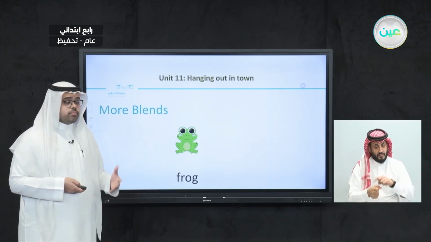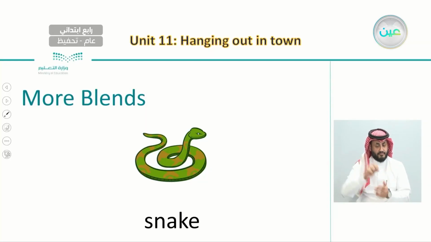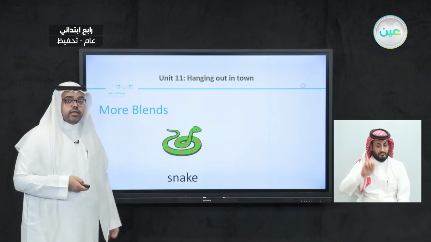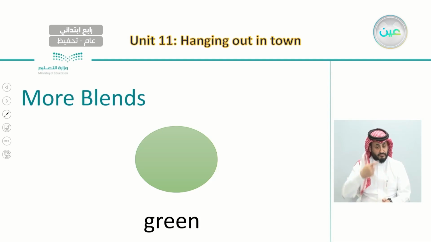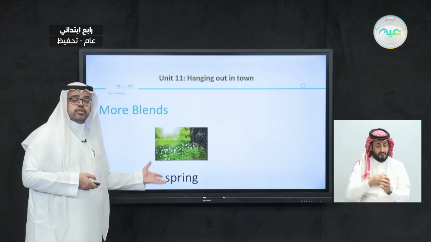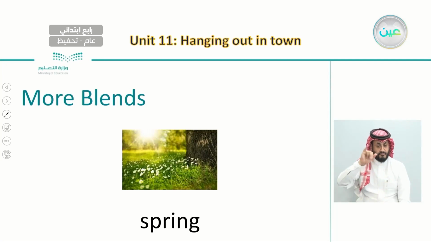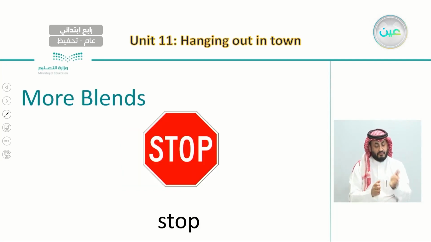The third blend starts with S and N, for words like snake, snake. Also, another blend starts with G and R, for words like green, green. Another starts with S and P, like spring, spring. And finally, a blend that starts with S and T, like stop, stop.